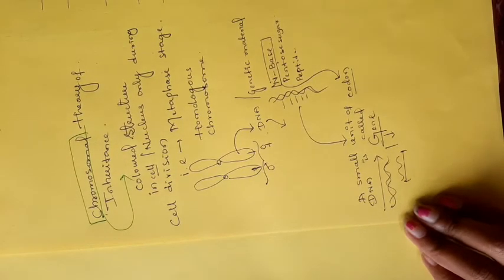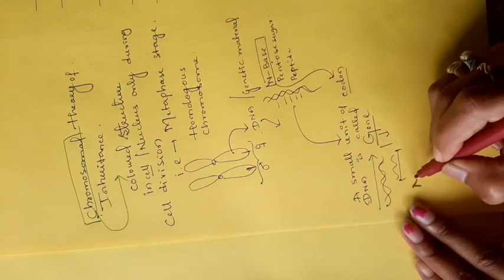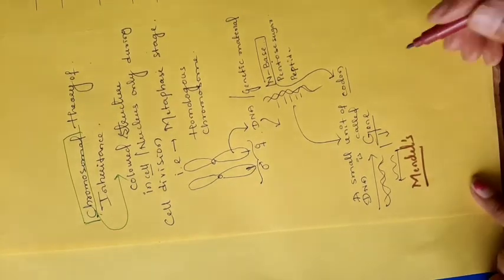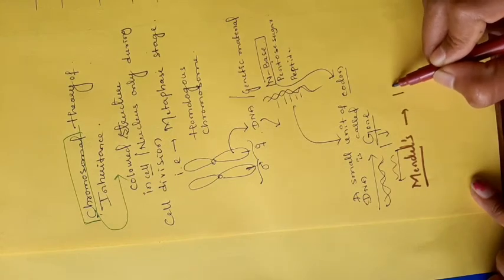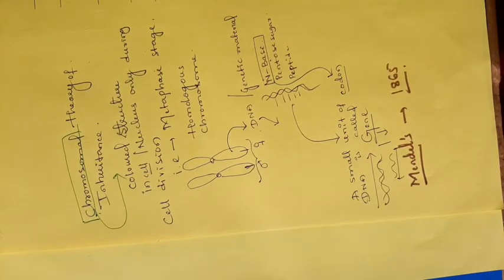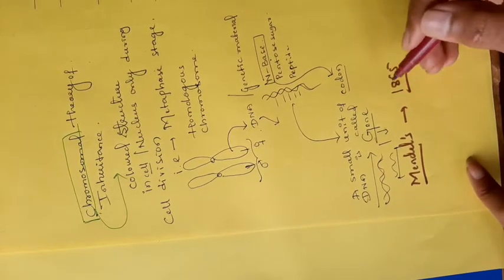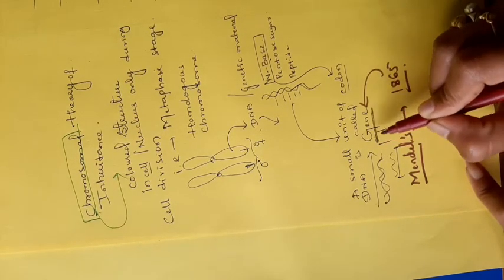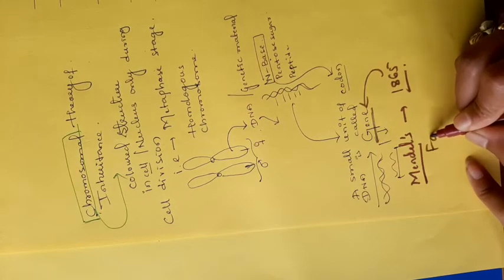One thing you should remember here: Mendel worked on the pea plant in the year 1865. At that time there was no electron microscope and no well developed communication. That's why he didn't use the word gene. Instead of gene, he used the word factors.